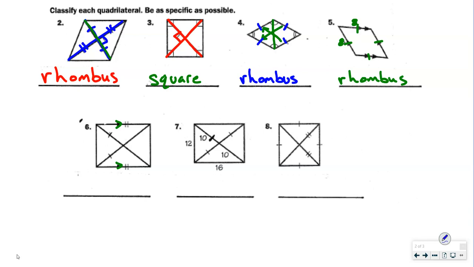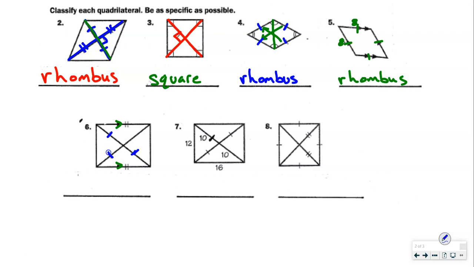Now we have to look at what we can figure out from our diagonals. So our diagonals show that these 2 segments of the diagonals are congruent. So what that tells me, if I know it's a parallelogram, and parallelograms, what it tells me about diagonals is that they bisect each other, and if they're bisected, I know that this is also congruent to the one at the top left, because it's the same diagonal.